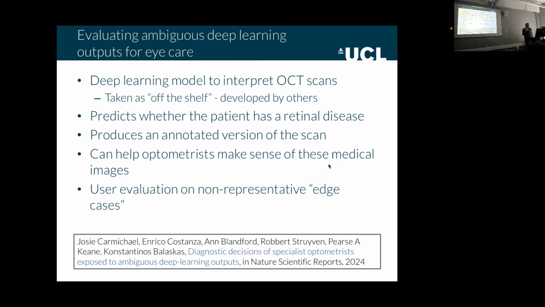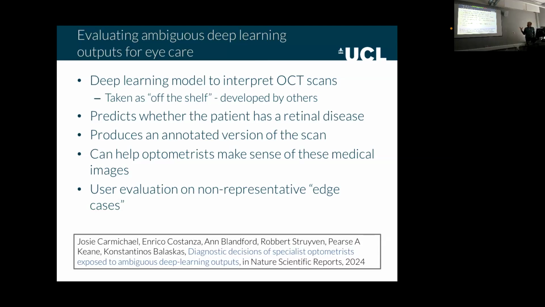And then the model predicts whether, based on the scan, the patient is likely to have a retinal disease or not. What made us very interested is the fact that the model also produces a visualization, which is essentially an annotated version of the medical scan. So we expected that this visualization would help users.